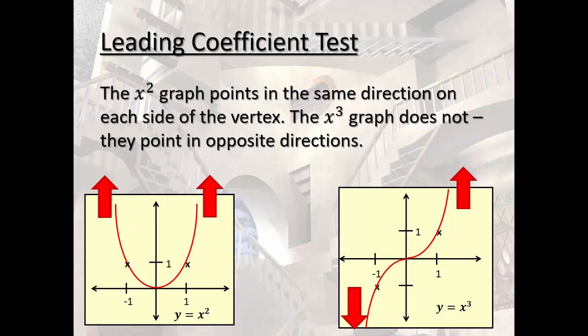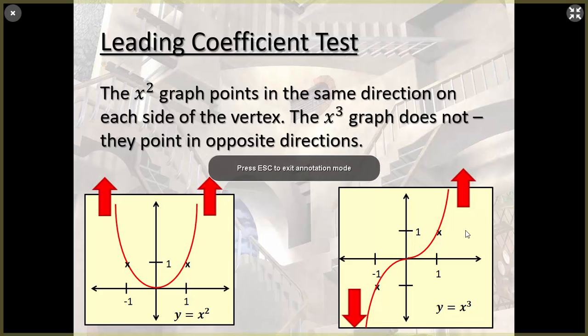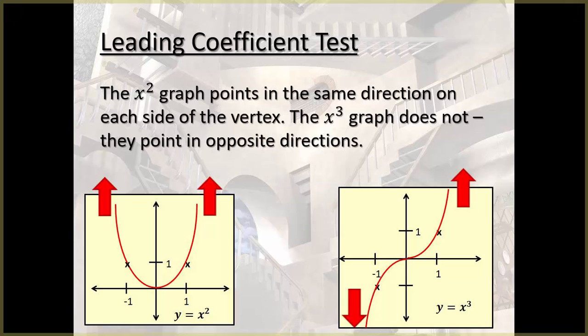The reason it's a big deal is because that's true of any even power versus odd power graph. All right, if it's an even power, see the arrows going in the same direction. That's the way it's going to be for any even power in a graph.